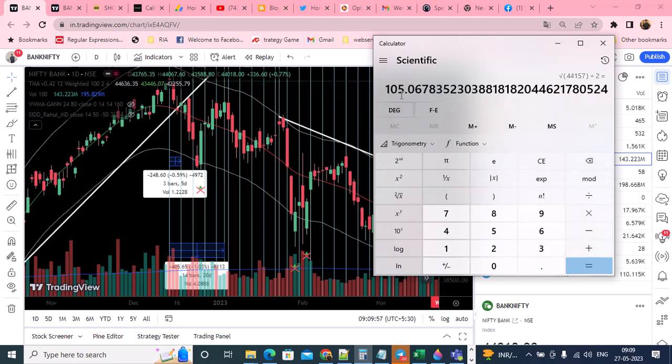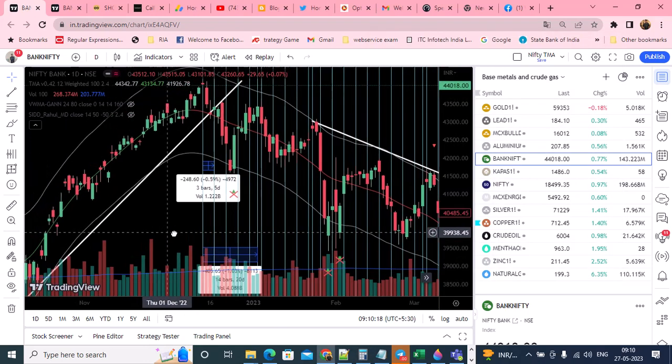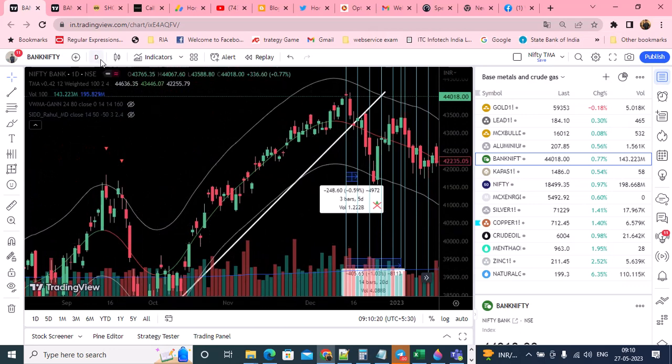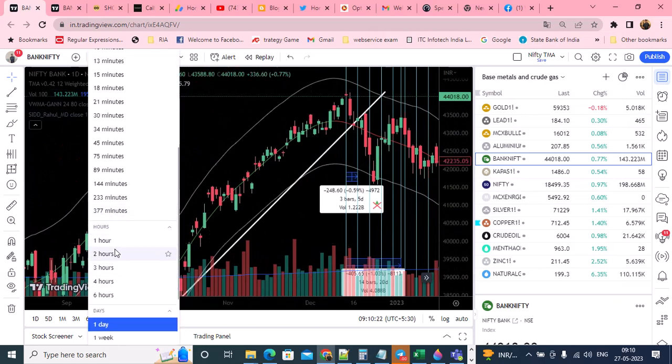So this is half, 105. In 105 days the smaller change will come, and the biggest change will come after 210 days only. If we divide this by 2 again, we get 52.53. So we are taking almost 53 trading cycle days, or 53 trading hours, for the cycle analysis.